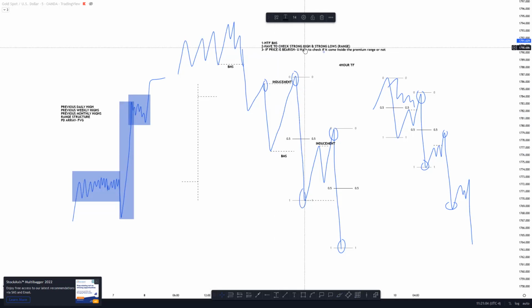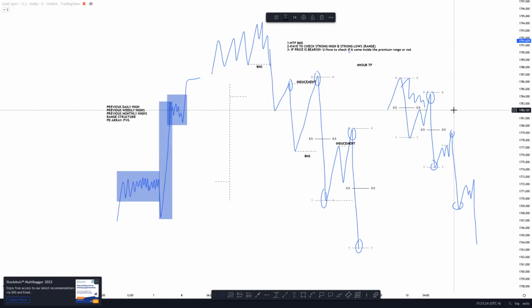I have to check if that has taken out the liquidity for confirmation of strong high and strong low, and also check if price is in a bullish or bearish trend. So you need to check if the market has come inside the 50% of the range, above the 50% of the range or not. Right.